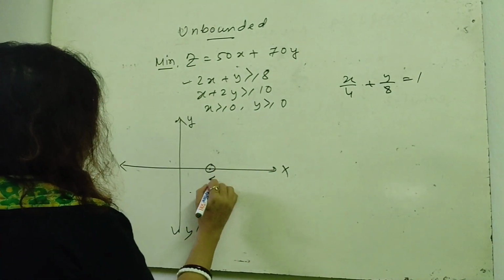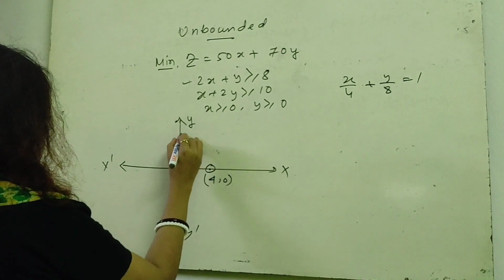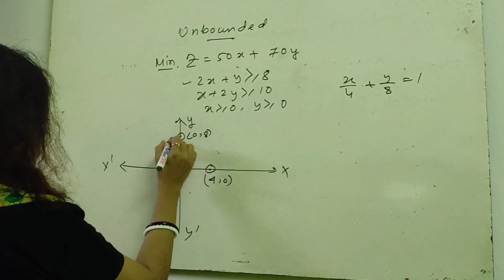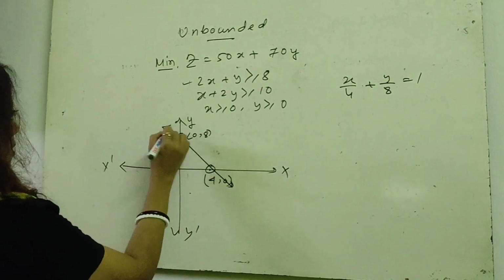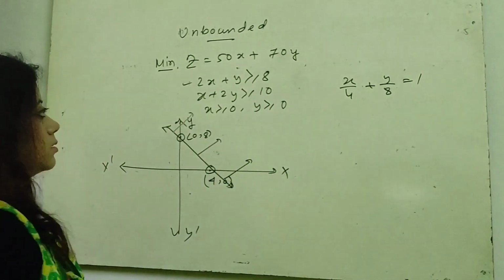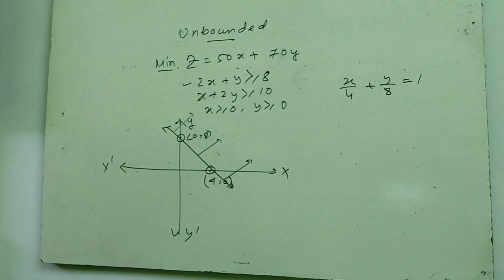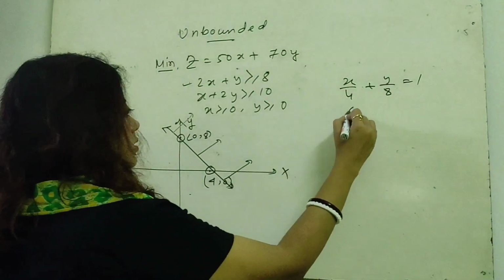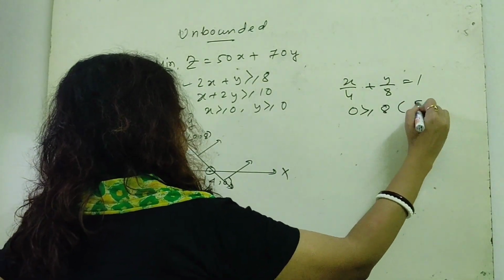So x is 4, 0 and 0, 8. As this is greater than, the arrows will be opposite to origin. If I put 0, 0, it will be 0 greater than or equal to 8, which is false.